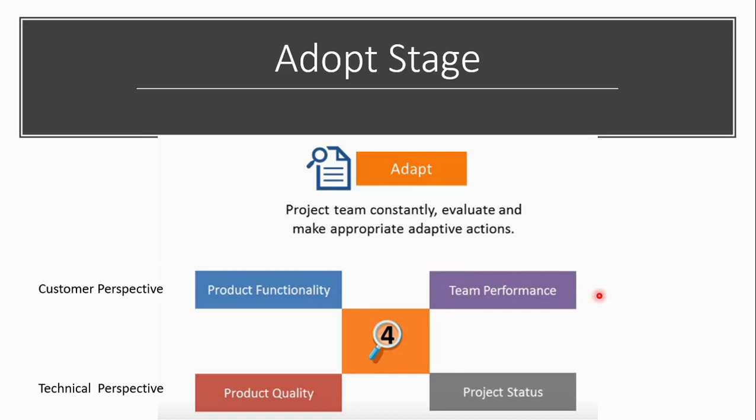You as a project manager are controlling the scope, the cost, the schedule, the quality. All those controlling aspects that we have already learned can come into the adapt stage, where after each iterative cycle, you try to take corrective action.